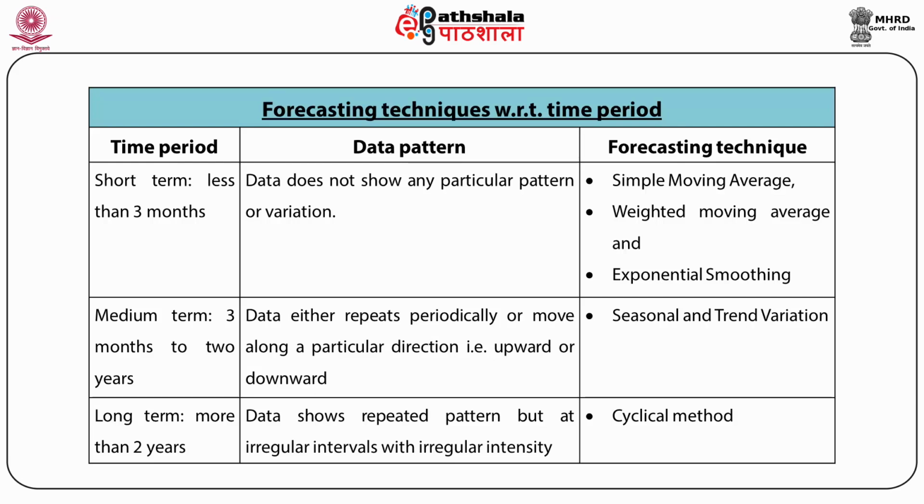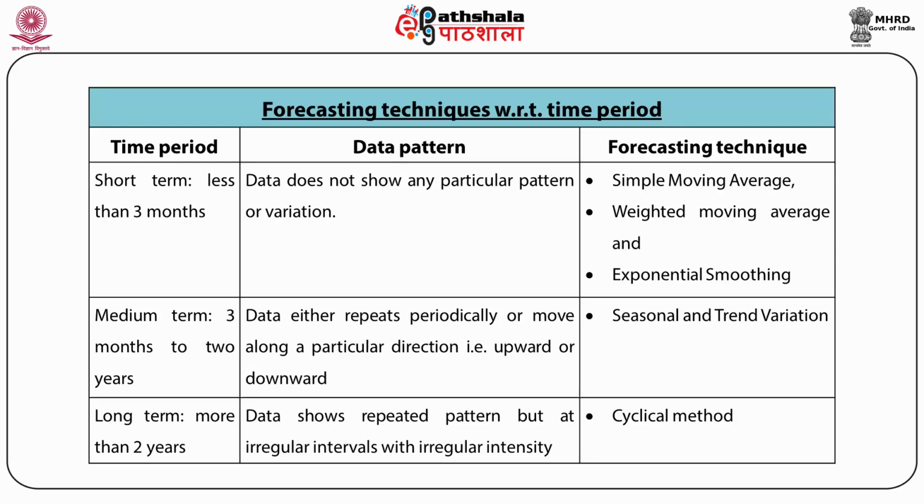The first time period is short term, which is less than 3 months, and the data does not show any particular pattern or variation during this time period. The forecasting techniques that are discussed for this time period are simple moving average, weighted moving average, and exponential smoothing.